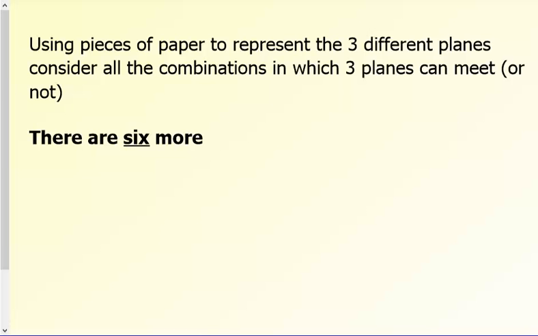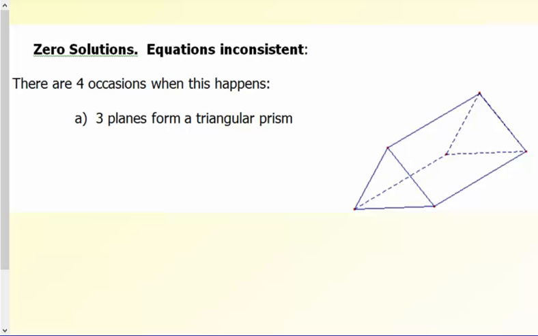Okay, welcome back. So here are the 6. First of all, let's start with 0 solutions. The first, we sometimes call this, is where the equations are inconsistent, and you'll see in a second why that's the case. So the first possibility is where they form a kind of prism.